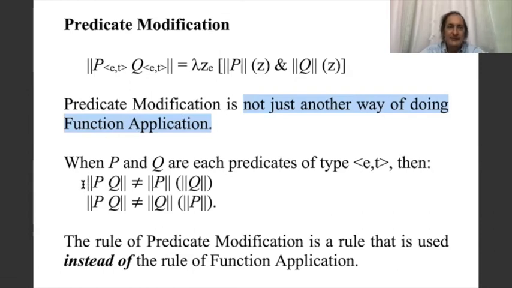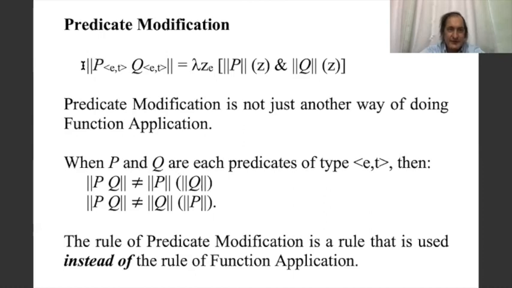If we put P and Q together in this way, that's not the same as applying the interpretation of the translation of P to the translation of the other. It's not the result of taking the translation of Q and applying it to the translation of P. It's something different altogether. It's just a different rule, okay?